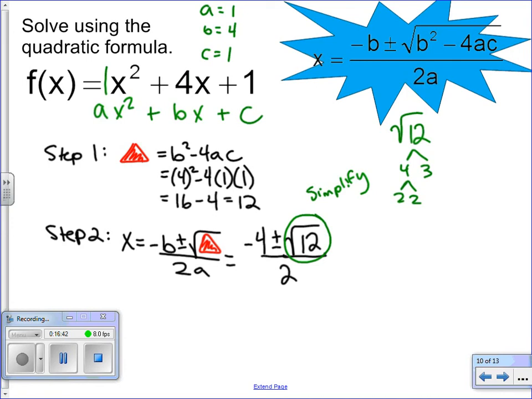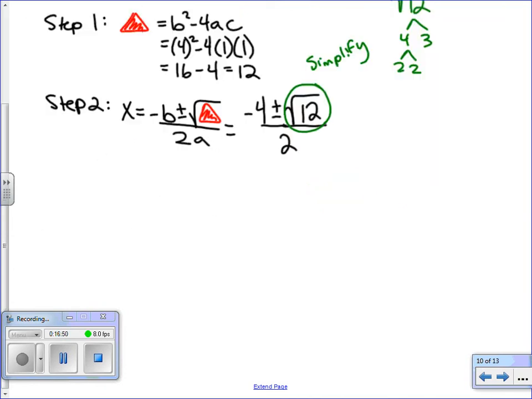Do I have any doubles? Yes. So I'll be able to rewrite the square root of 12 in the formula. And I'll get something like -4 plus or minus, and I have my 2's as a double, so it'll be 2 on the outside, and then the 3 is single, so it's going to stay on the inside. Then divide that by 2.